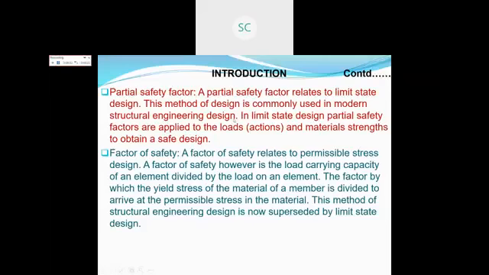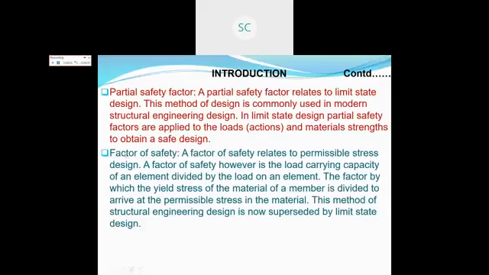In limit state design, partial safety factors are applied to the loads and material strength to obtain a safe design. So you have to use partial safety factors for both the loads and the material strength. Both are used for the limit state design of steel structures.